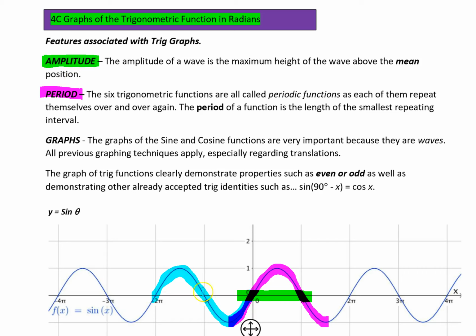So the period for this particular trig graph is 2 pi. After 2 pi radians it will repeat itself, and actually from here to here is a measure of 2 pi again. It's just not as obvious as the second highlighted section.